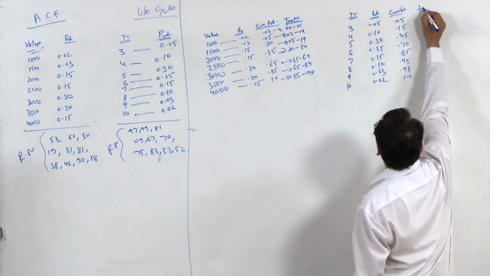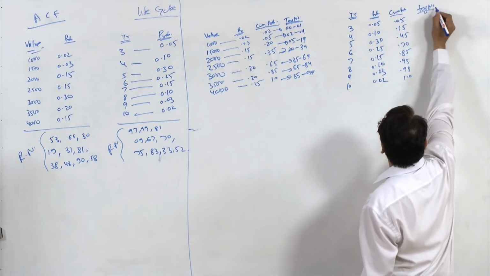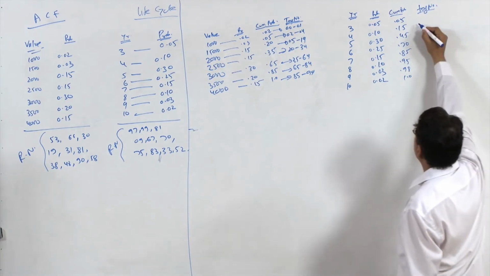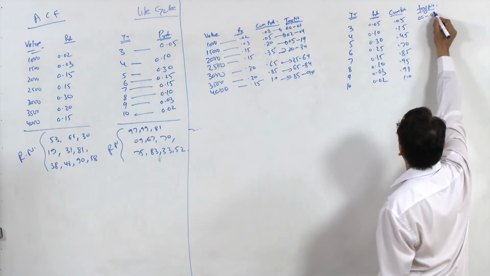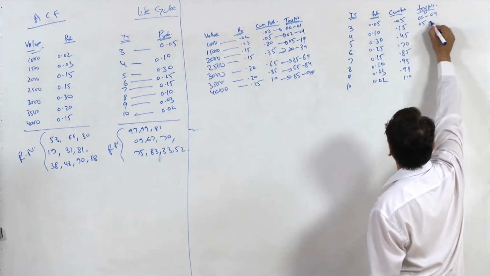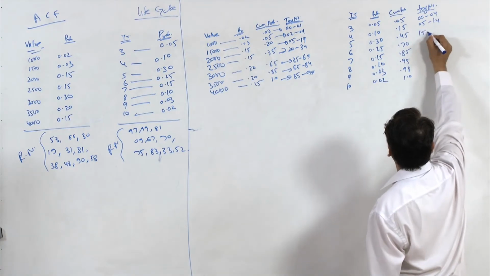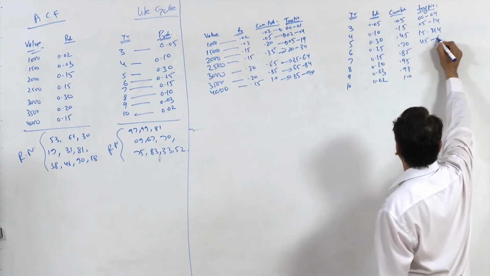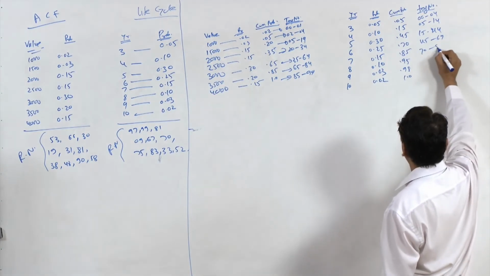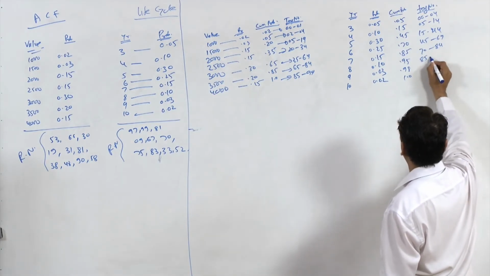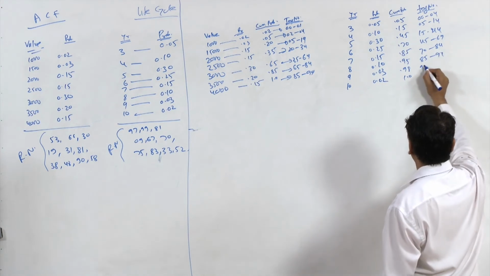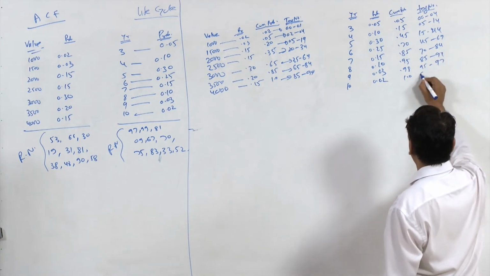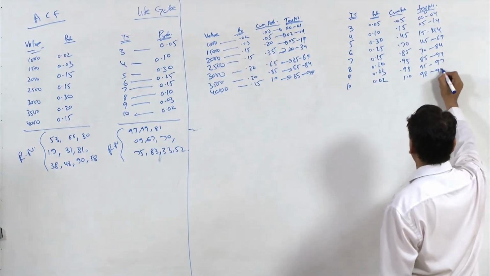So tag number, so this is 00 to 04, 5 to 14, 15 to 44, 45 to 69, 70 to 84, 85 to 94, 95 to 97 and 98 to 99, right.